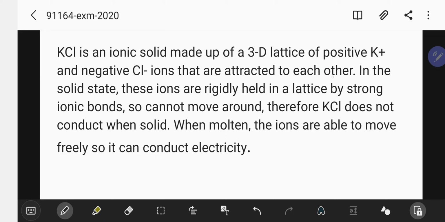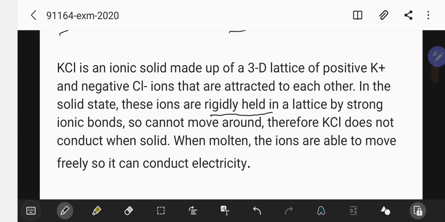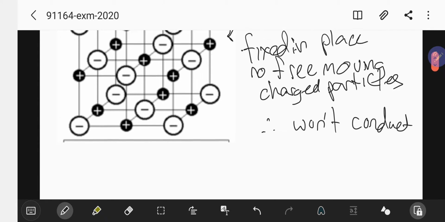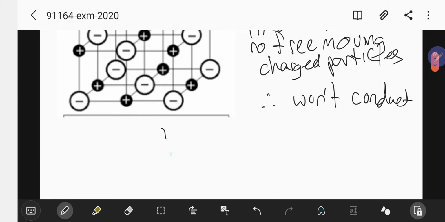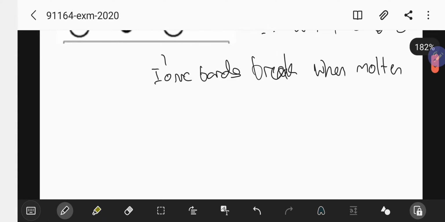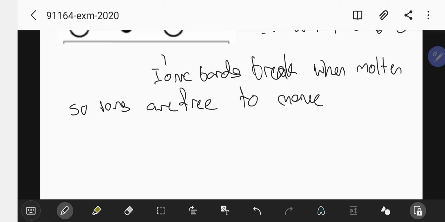Like I said, in the lattice they're fixed, they're rigidly held, but when it goes molten, these ionic bonds break when molten, and so ions are free to move. Therefore, it will conduct when it's molten.